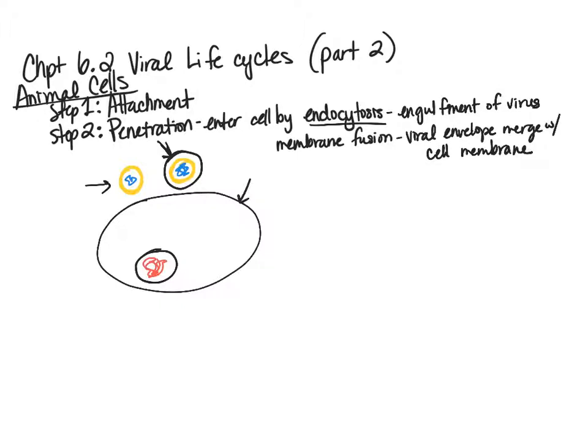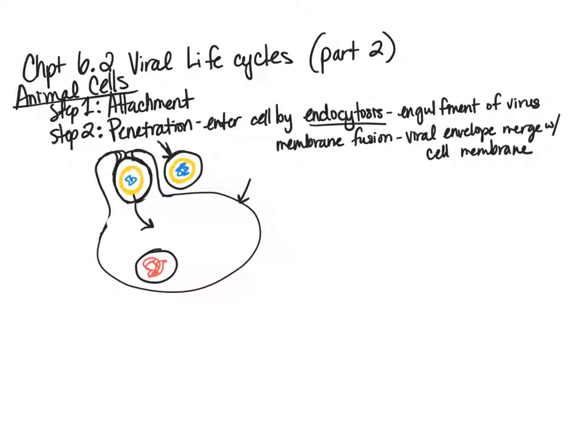We have attachment of this virus, and then the plasma membrane is going to come up and engulf. In endocytosis, we have these pseudopods that come up from the plasma membrane and grab around this virus. It keeps doing that until these two parts merge. And then this virus is now going to come into the cell.